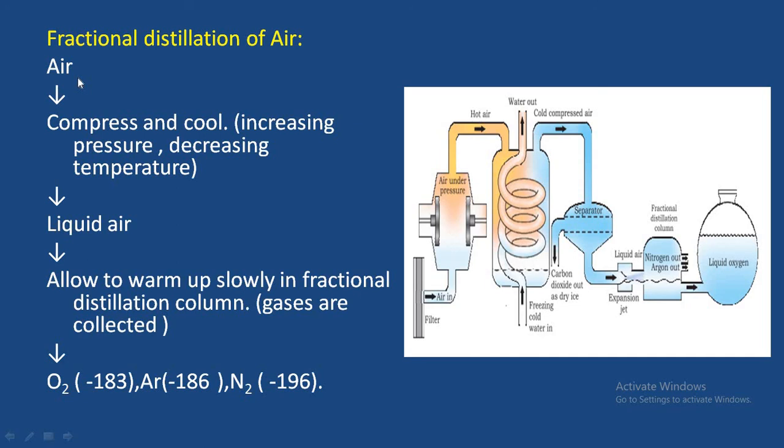First we compress the air and then cool it. How will it be done? By increasing the pressure and decreasing the temperature. When we increase the pressure, the particles come close to each other, that is, compressed.